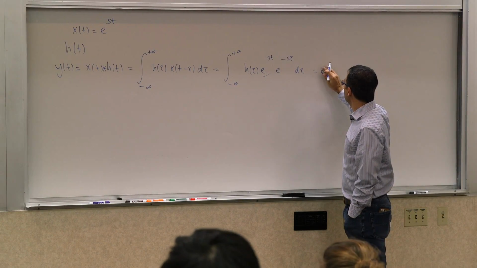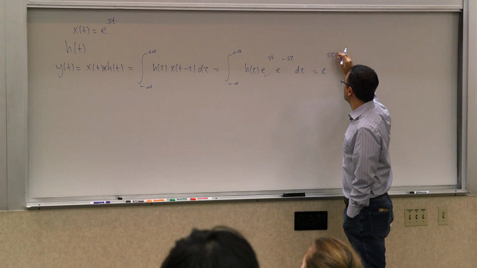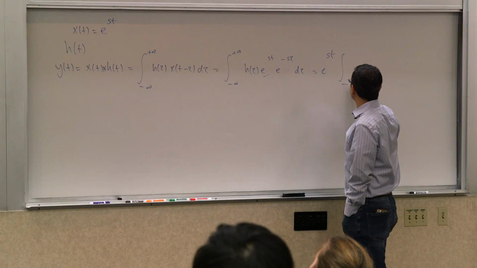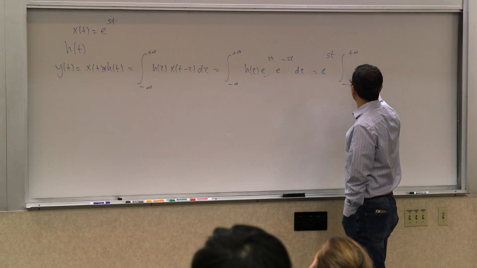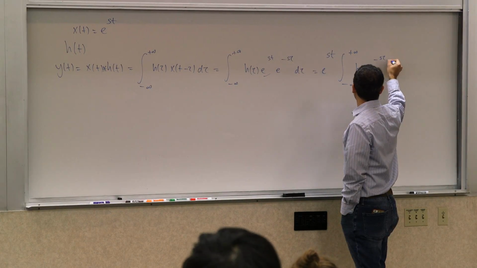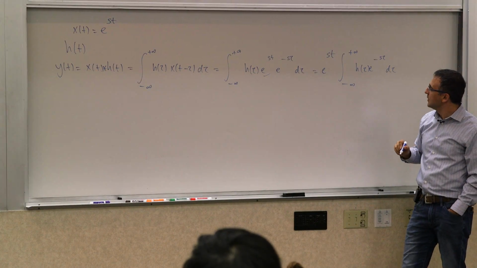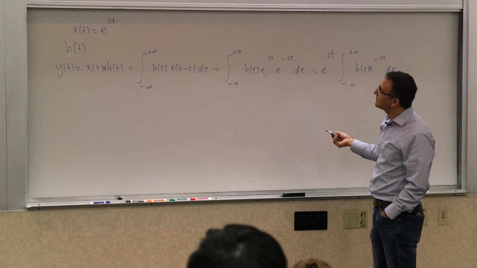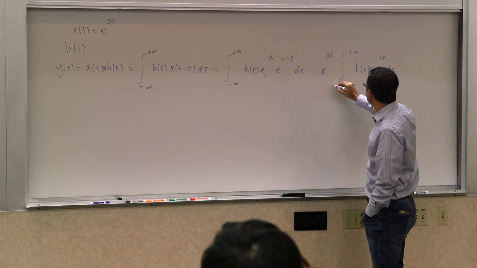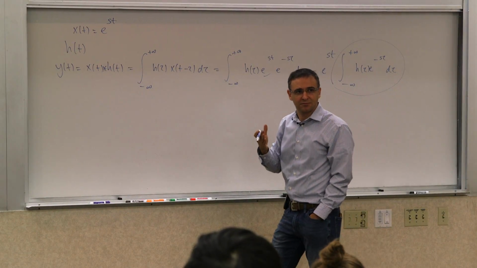I can write it as e to the st, I'm sorry, st, not s tau, times the integral from negative infinity to positive infinity of h of tau e to the negative s tau d tau. So you can see that the response of the system is also of the form e to the st, weighted by this thing. That's the scaling of that thing.